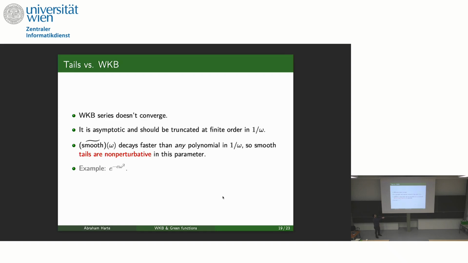So however you truncate your WKB series, these tail contributions are going to be falling off even faster at high frequencies. These things are fully non-perturbative effects. They can never be captured, no matter to how high an order that you go. An example of something which falls off faster than any polynomial is something that's exponential like this.